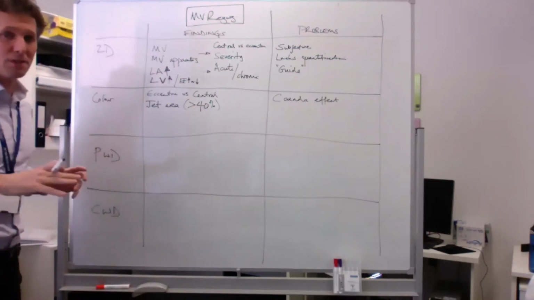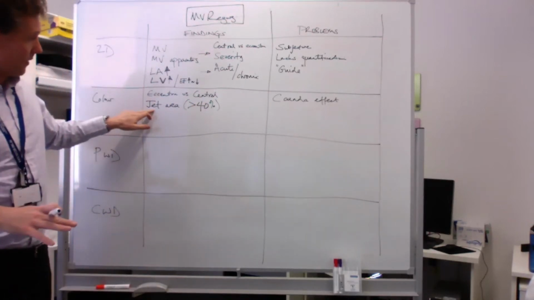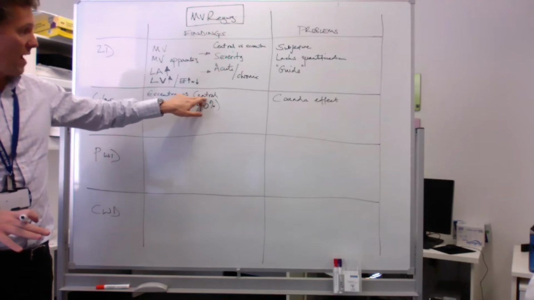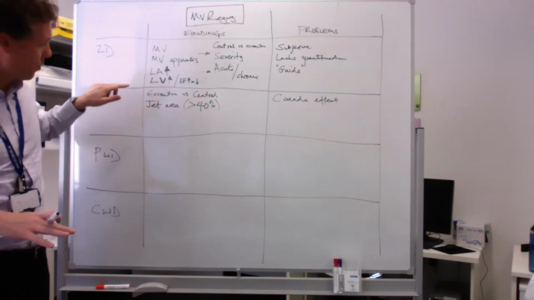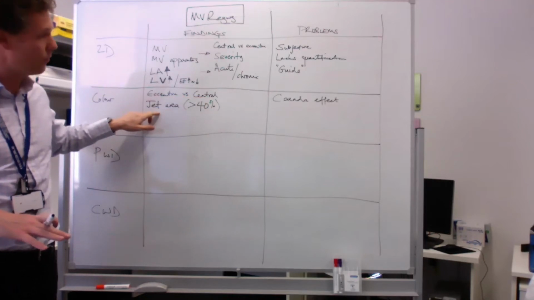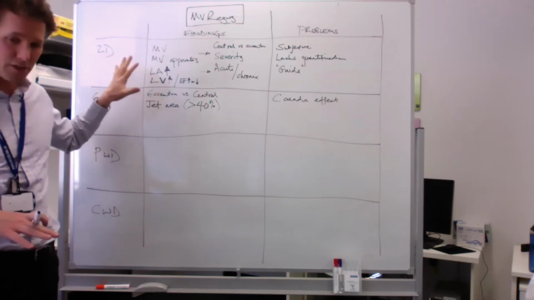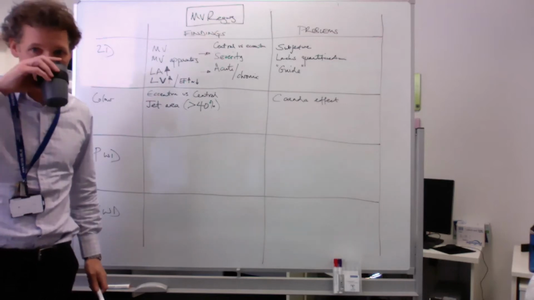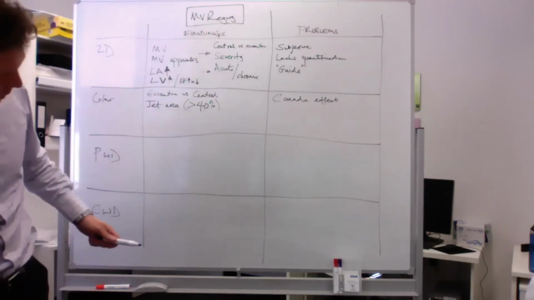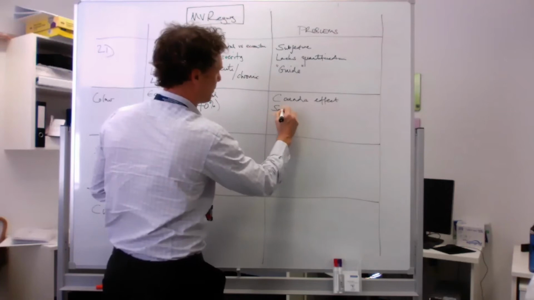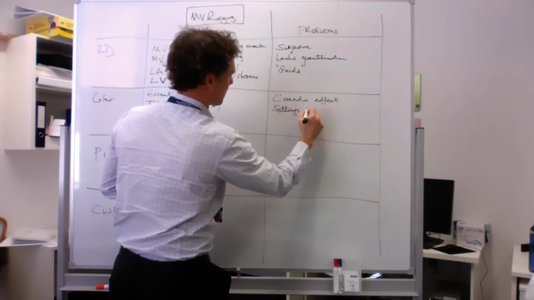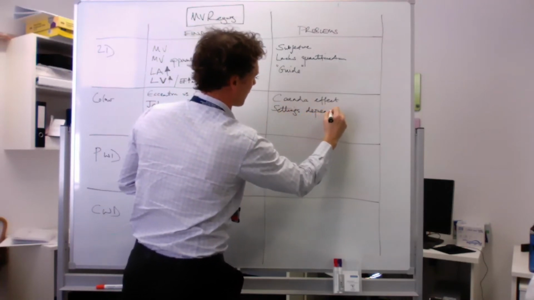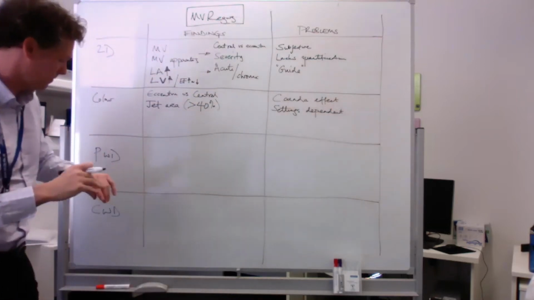So greater than 40% is bad, and that only works if you're in the central area. Yeah. What's the problem with this? Why do I not like us to assess severity based on that alone? Well, it depends on what you've got your Doppler settings at, and it's all settings dependent. Yep. Beautiful. Give us another one.